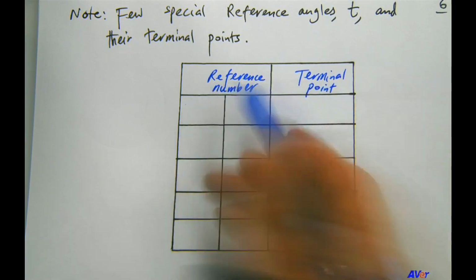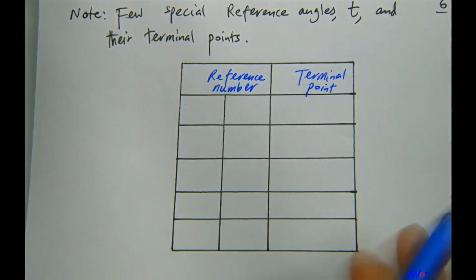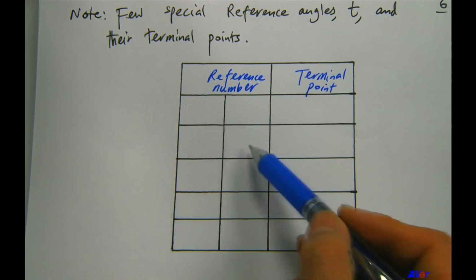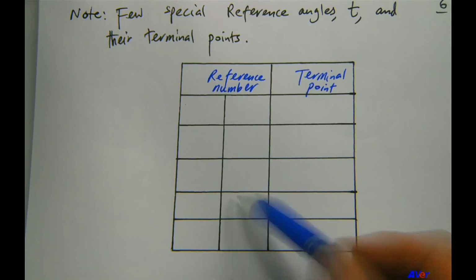And this reference number or reference angle, its reference number is an angle. And so, do I need to split this? Let's see, 1, 2, 3, 4. Yes, I guess so.